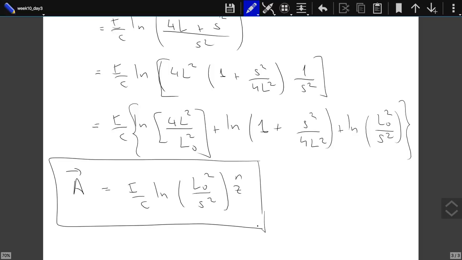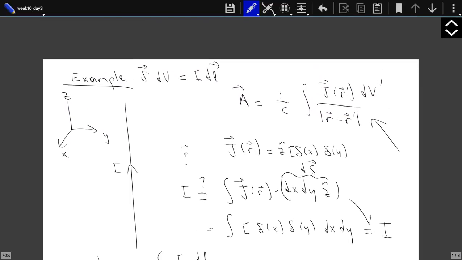This is the vector potential of my infinite wire. Well, you see, the derivation is kind of straightforward, except for the technical detail.